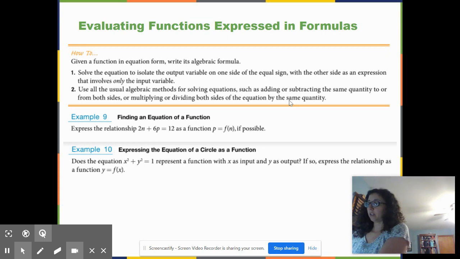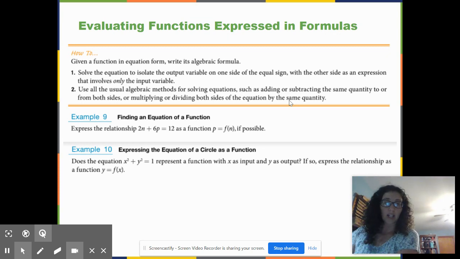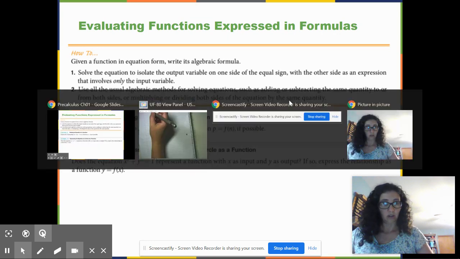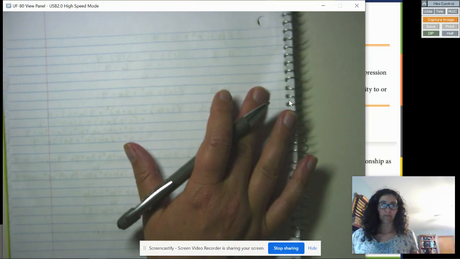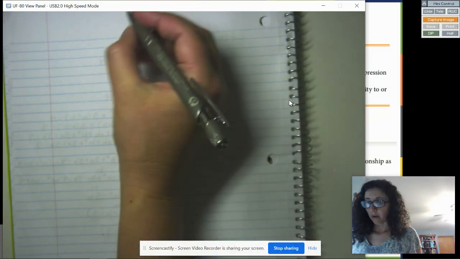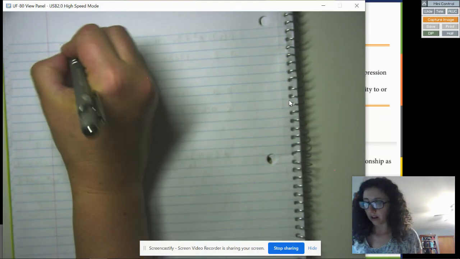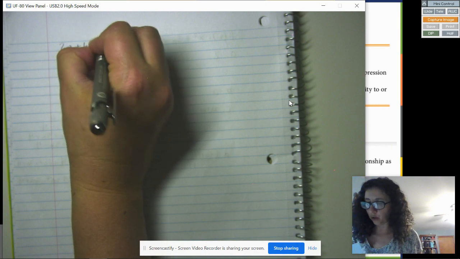So let's do an example. Example 9 says, express that relationship as a function p equals f of n, if possible. All right, so let's go back to our paper. Our relationship is 2n plus 6p equals 12.